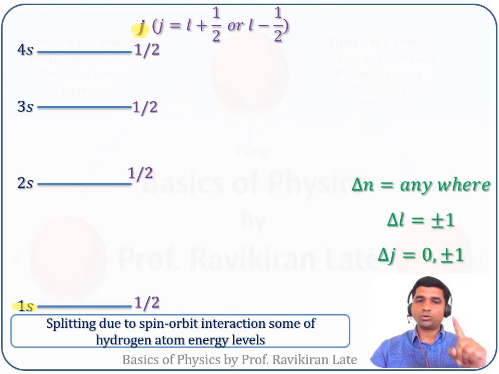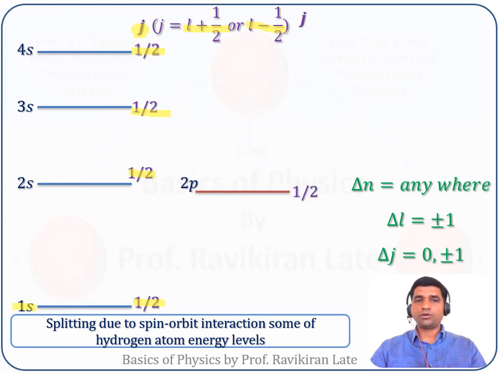So if you calculate the total angular momentum quantum number, which is given by L plus S or L minus S, it will be 0 plus 1 half or 0 minus 1 half, which is nothing but 1 half. So for these S levels, there will be only one single level, that corresponds to J equal to 1 half. This is a normal energy level diagram.